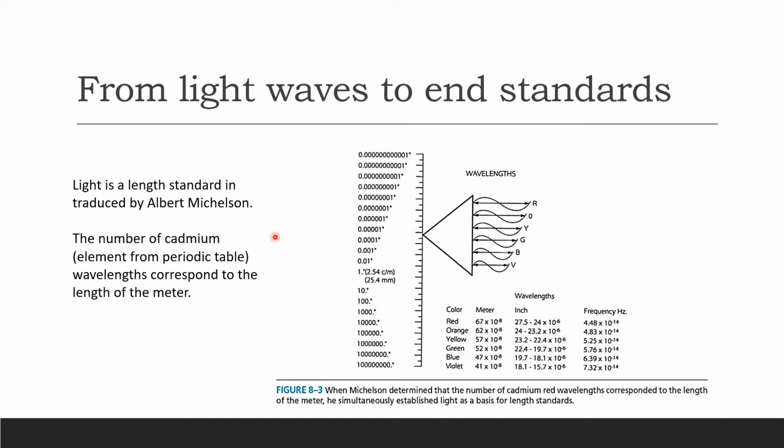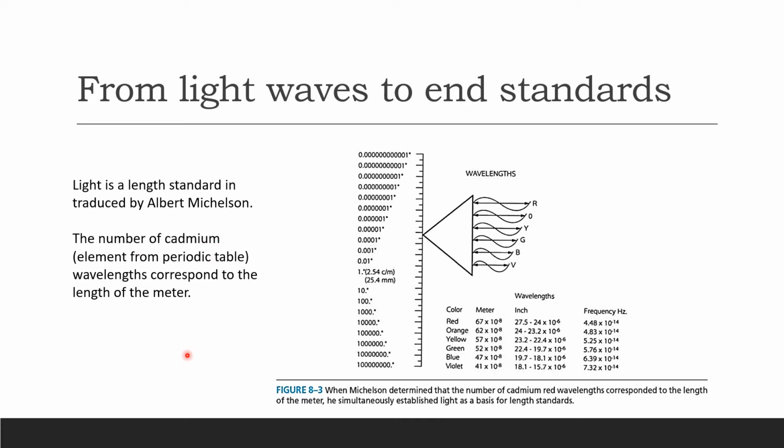Okay, so light is a length standard. This was introduced by Albert Michelson, and we use light as a measurement, and it is a length standard. And the number of cadmium elements from the periodic table, so we're composed of these elements in different structures, including in the human body system, which comes from C, H, O, N, and trace elements from the periodic table.